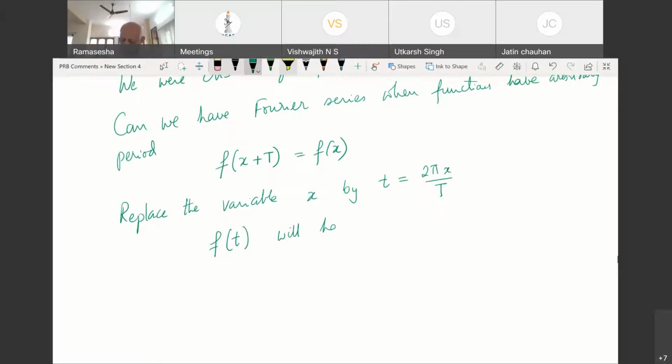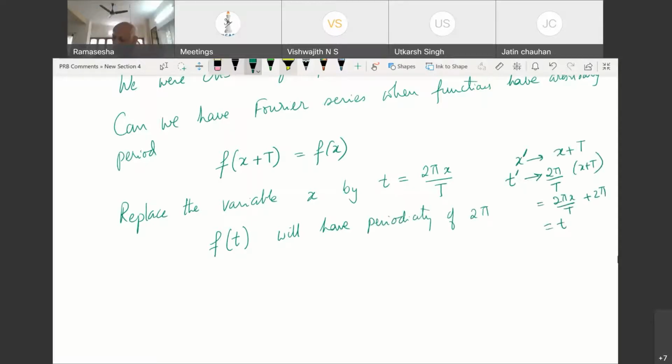So it goes to 2π by T into x plus T, which is 2πx by T plus 2π, or t plus 2π. So translating x by the quantity T is the same as translating t, small t, by a quantity 2π. So all you need to do is change the variable from x to t equal to 2πx by capital T, which is the periodicity of the function f of x. Is this clear?